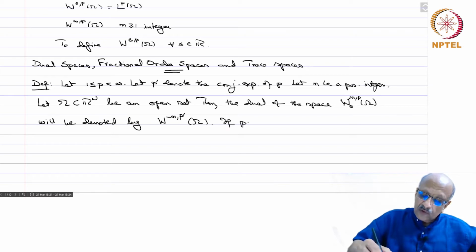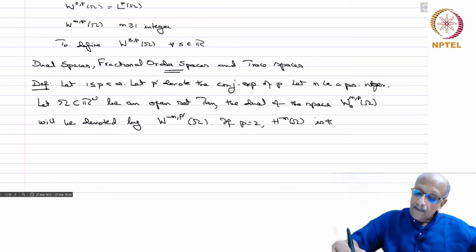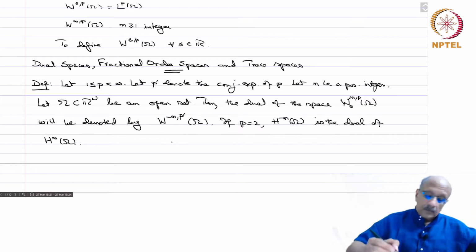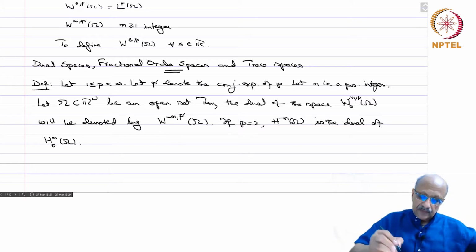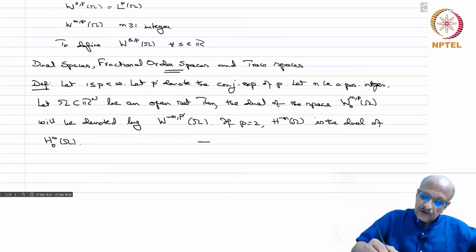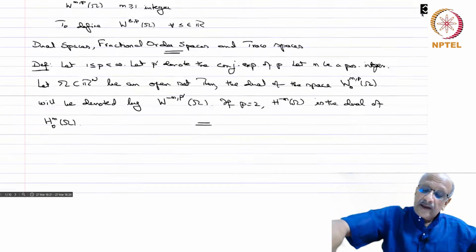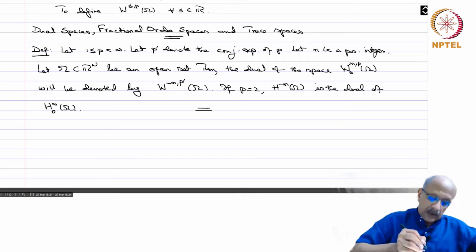If P equals 2, H minus M omega is the dual of HM0 of omega, sorry. Okay, so this is the definition of the Sobolev spaces for the negative integers. Okay, so remark.